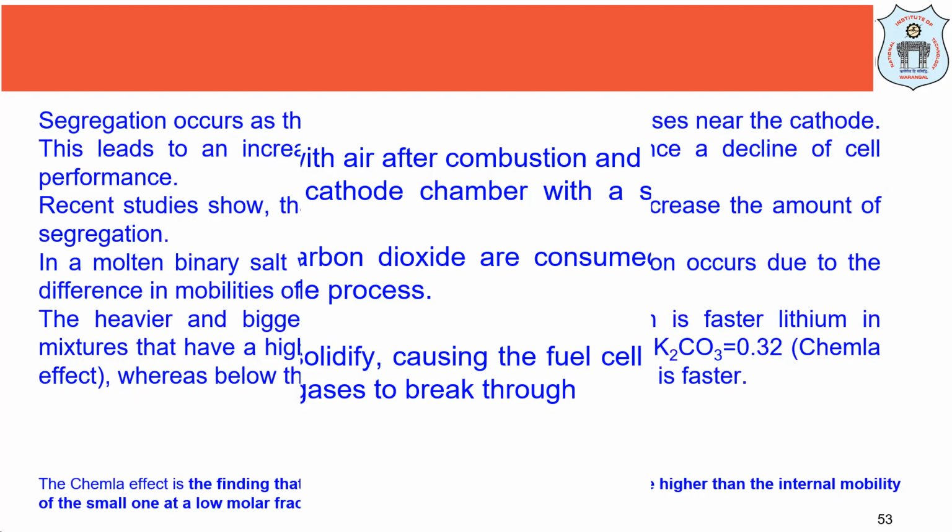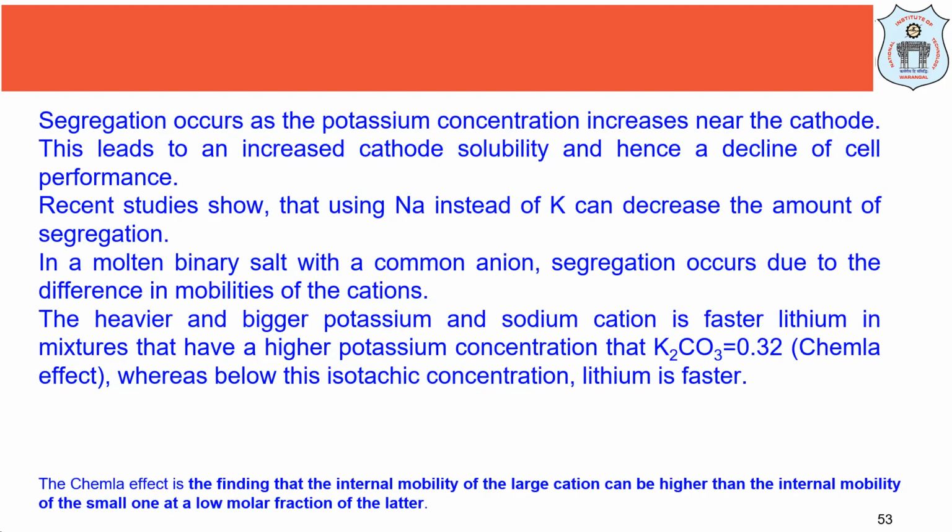Okay, and there is one Kemla effect. What is that? The Kemla effect is the finding that the ionic mobility of a larger cation can be higher than the ionic mobility of the smaller one at a low molar fraction of the latter. Recent studies have shown that using sodium instead of potassium can decrease the amount of segregation, because in a molten binary salt with a common anion, segregation occurs due to the difference in the mobility of the cations.